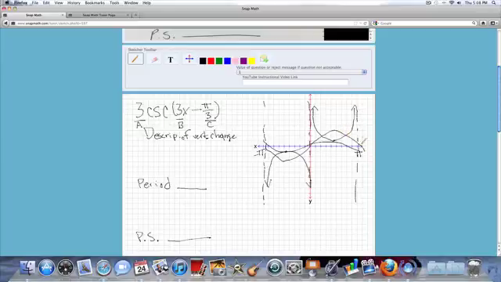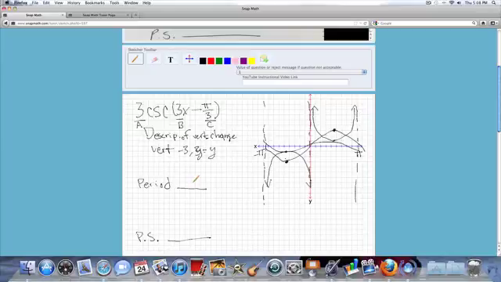What really happens here is we move the vertices 3 away from the x-axis. So the vertices will be at negative 3 and 3 on the y-axis, and it'll depend what the x's are on our period change.